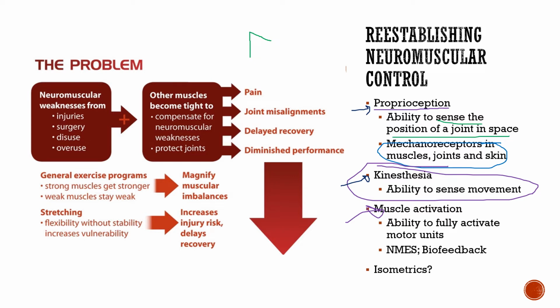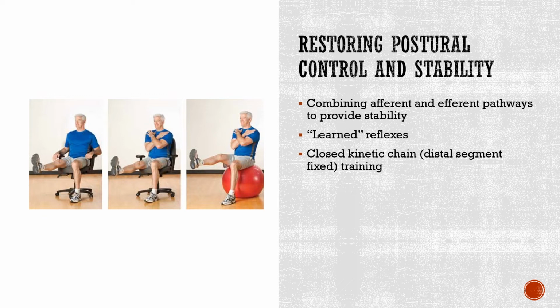But muscle activation, the idea, and we will talk about muscle inhibition and maybe the isometrics we do early on, not so much for strengthening, but to increase that muscle activation, increase the amount of motor units we're able to recruit when needed. And that then leads to controlling stability and balance.